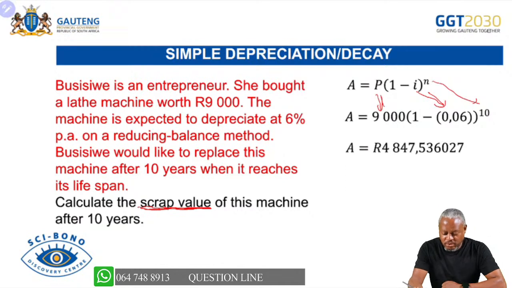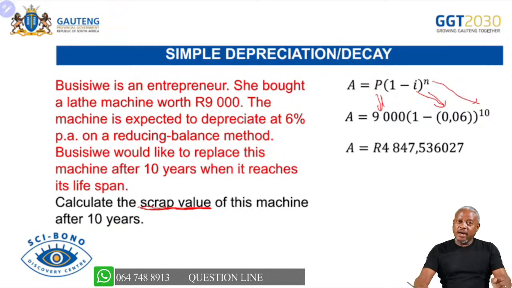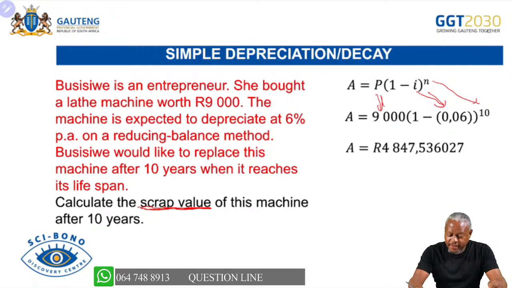Then here it goes. So do you see now what we have there? You've got 4,847,536,027. What did I say when we talk about money? Because it's rent. Always when we talk about money, or when we calculate money, leave your answer in 2 decimal places.